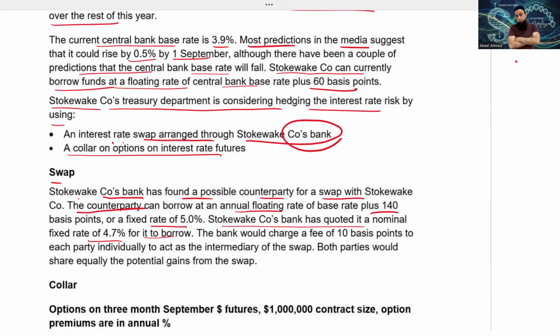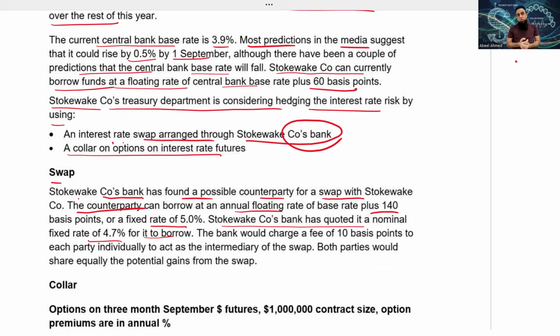Now stop. Student, now you should be able to identify here that Stockway company has a better credit rating than the counterparty. How? You can see that Stockway has an advantage in floating rate as well as an advantage in fixed rate as compared to the counterparty.